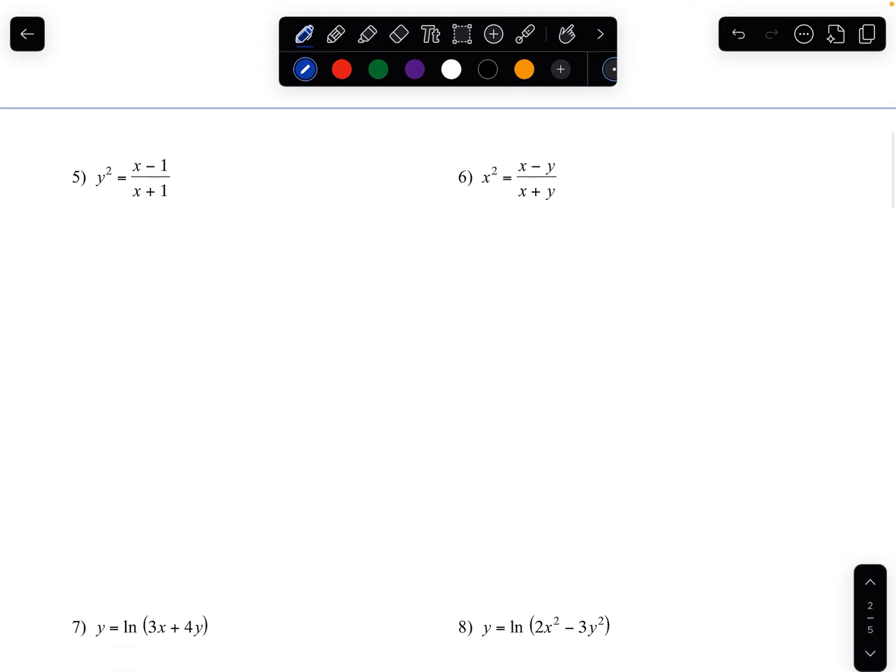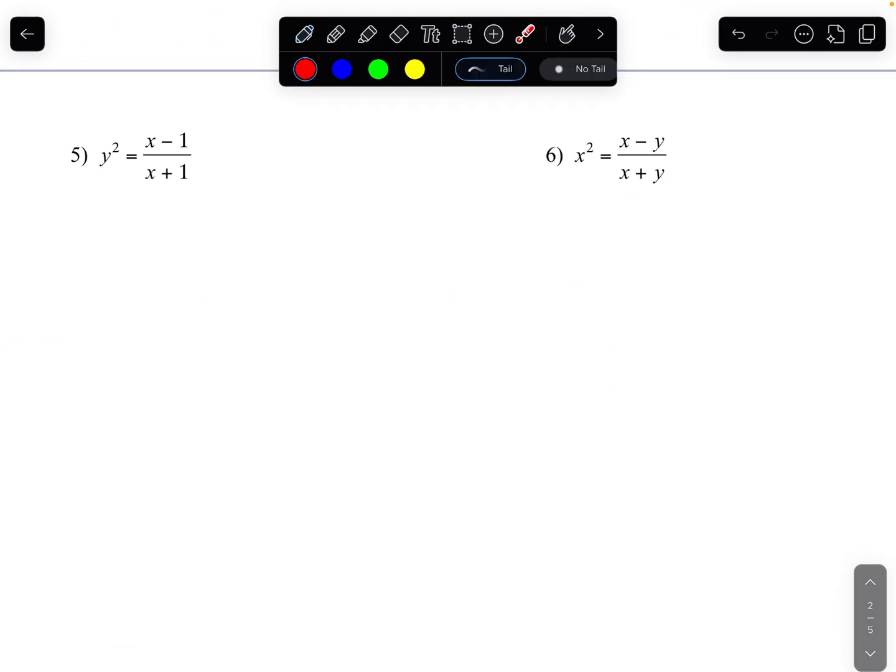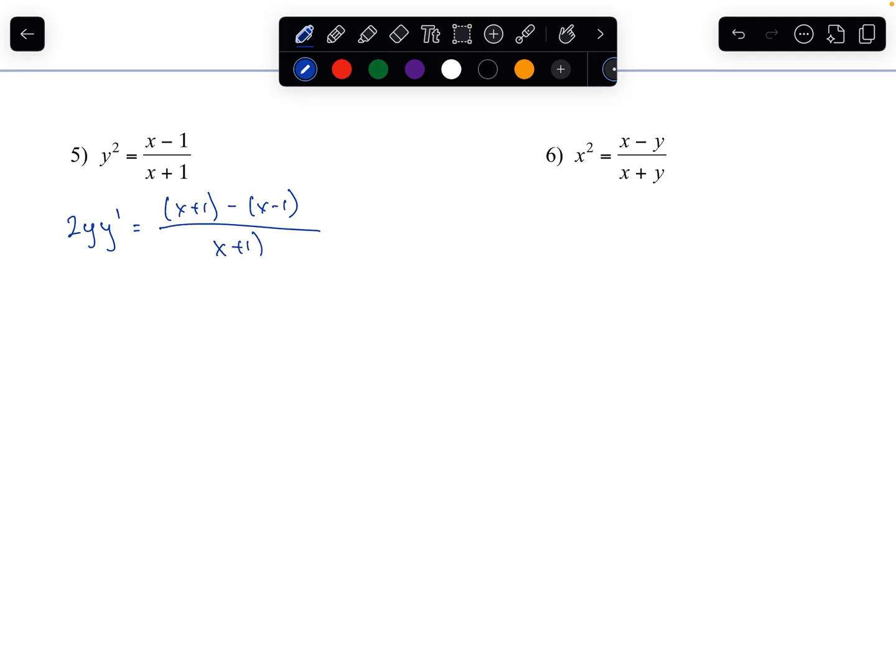For 5, looks like we'll have to use the quotient rule on this side. Now, we'll have to do the derivative of both sides. So we'll do 2y y prime for the left side equal to, now we'll have low d high, which would just be 1, minus high d low, which would be 1, all over x plus 1 squared.